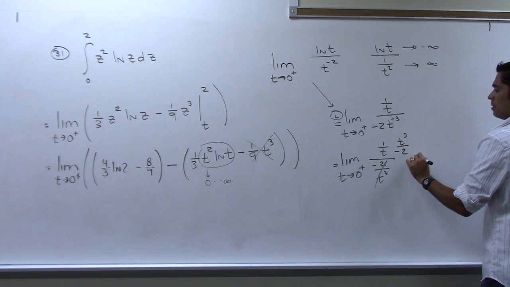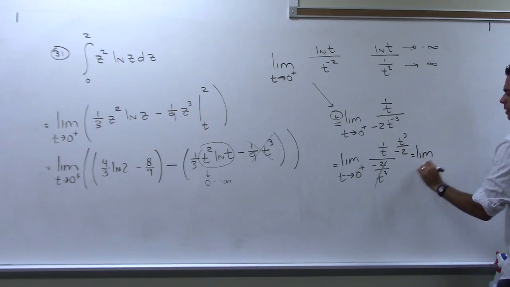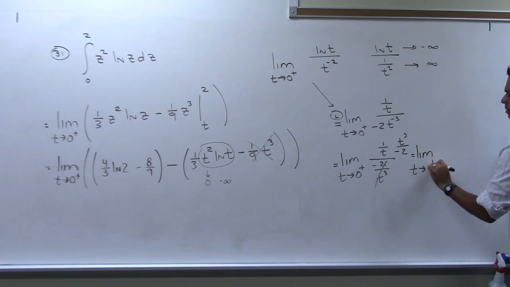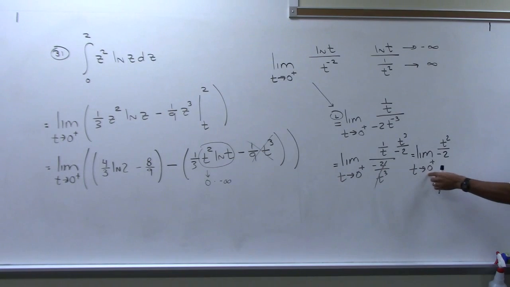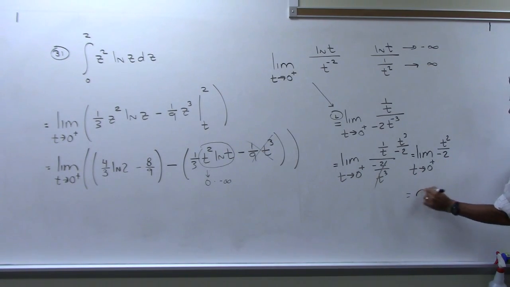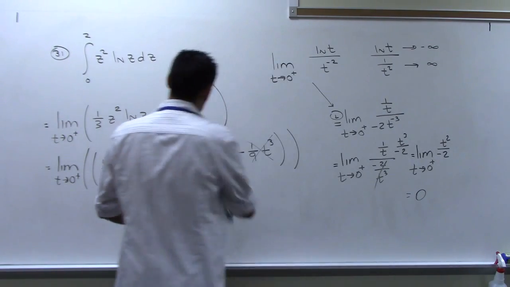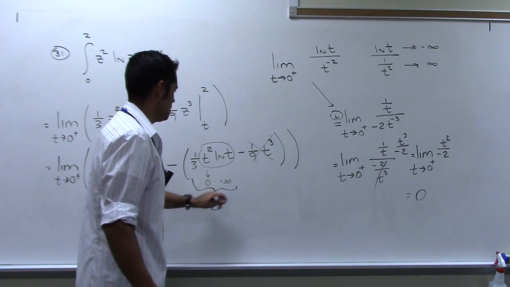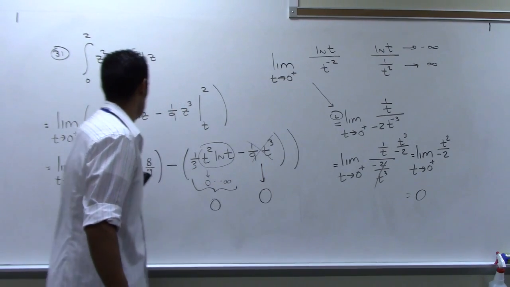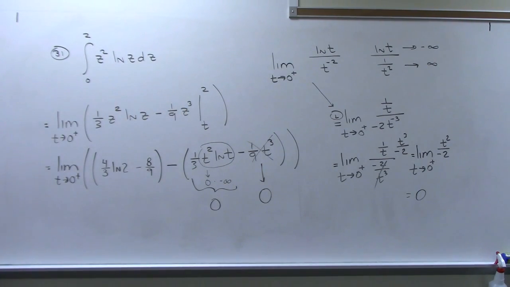You get limit t goes to 0 from the right. What do we have here? T squared on top over negative 2 on the bottom. Now if t goes to 0, this just goes to 0. So that whole thing goes to 0. So if this whole thing goes to 0 times 1/3, that goes to 0. We already said that went to 0. And then over here, this would be our answer.